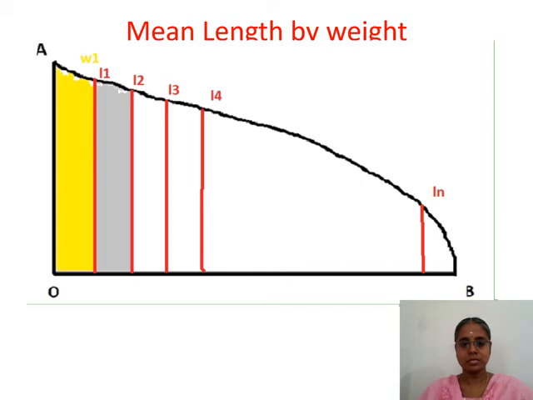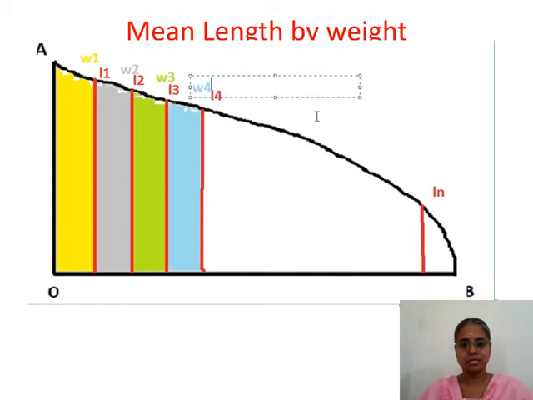Next, the weight of this set of fibers is W2, and the next, the third set, is W3, and the fourth is W4.